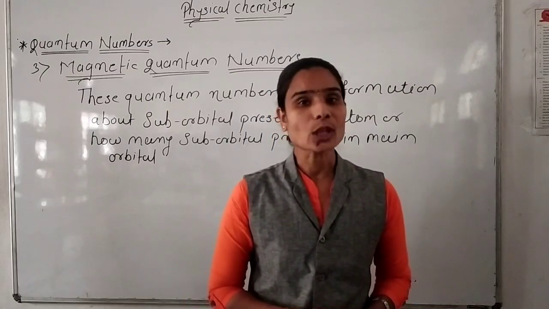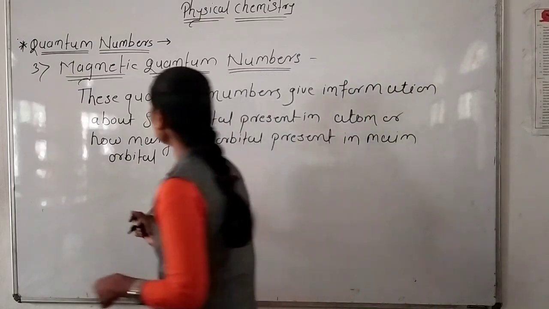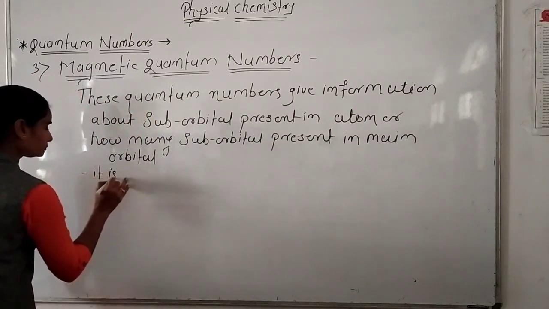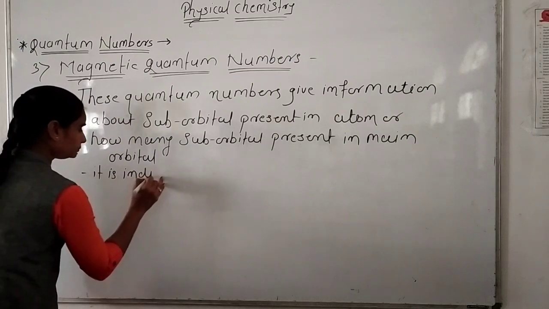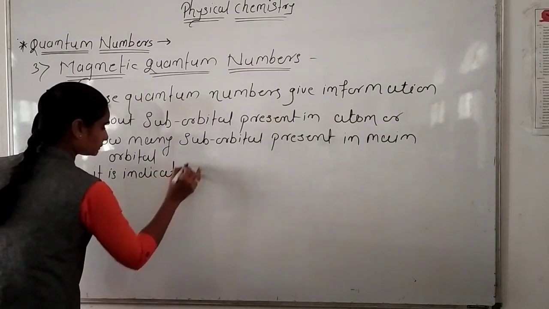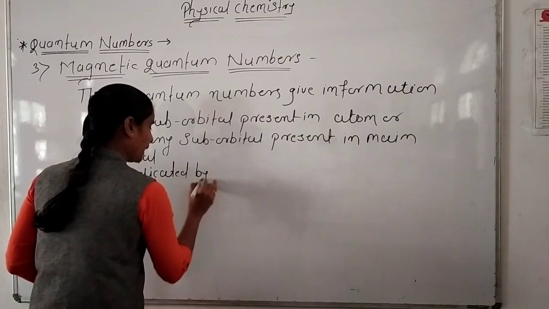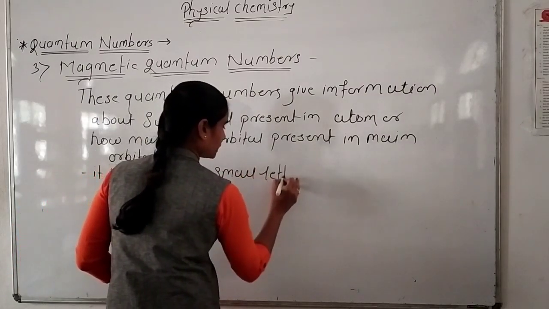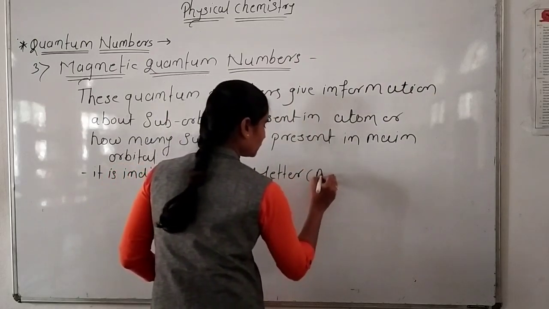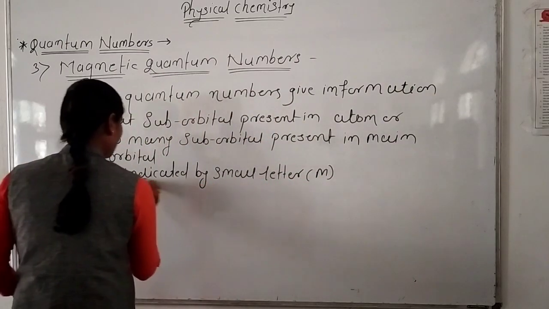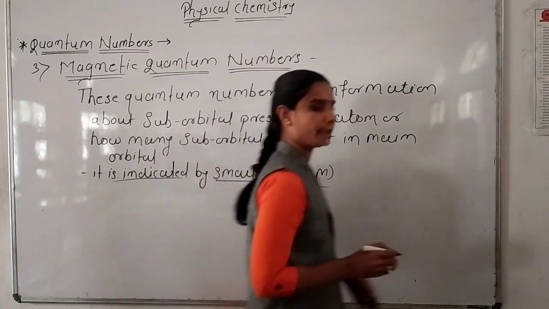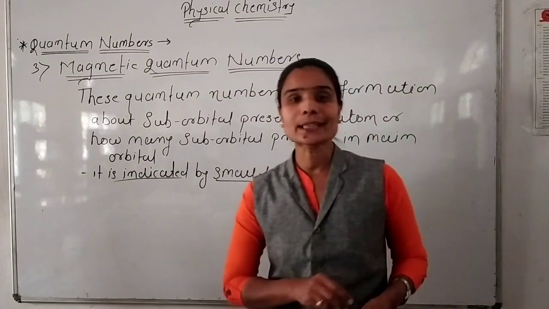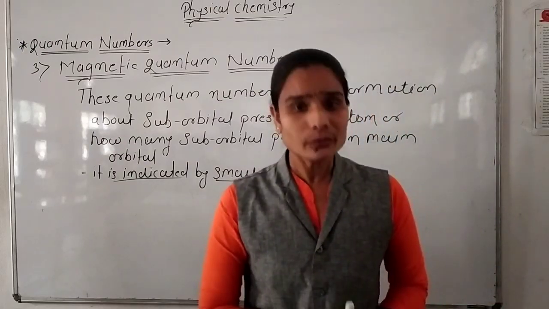The magnetic quantum number is indicated by the small letter m.